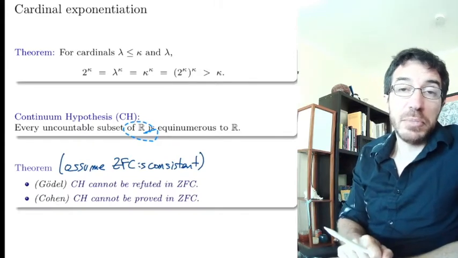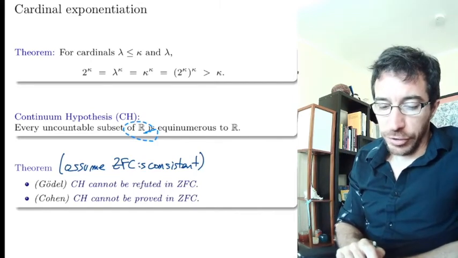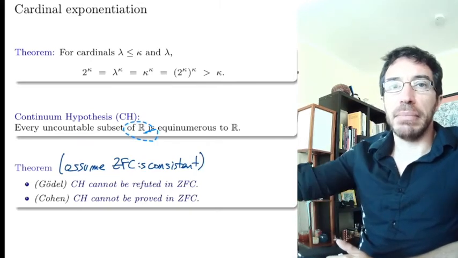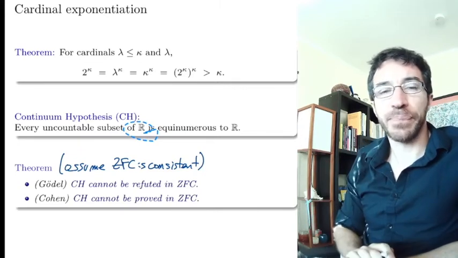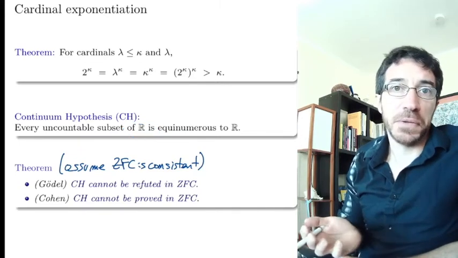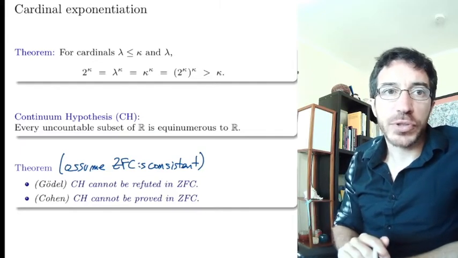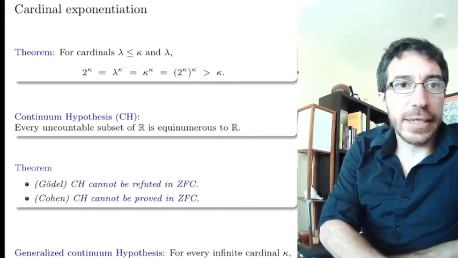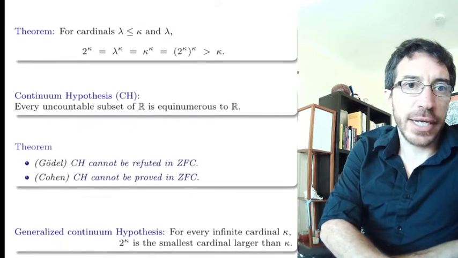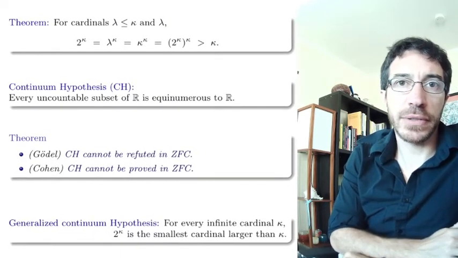There are many theorems that people prove and publish, which are of the form, if you assume CH, blah blah blah, or if you assume the negation of CH, blah blah blah. So you can work on one side or the other, but which one is true, we don't know. Then there's another hypothesis that I should mention, which is the generalized continuum hypothesis.